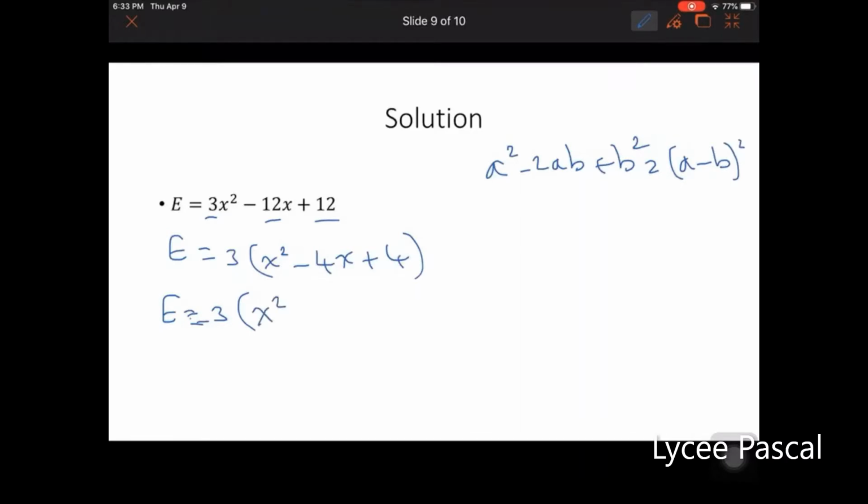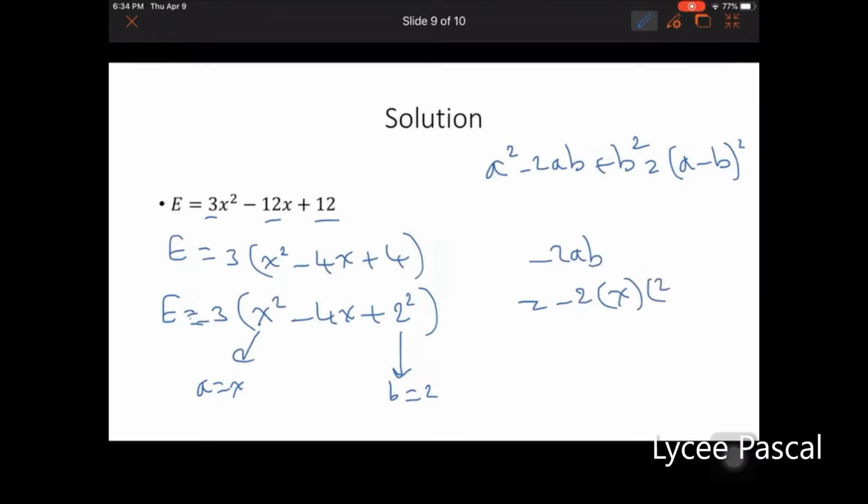Minus 2ab equals minus 2 times x times 2, so equals minus 4x, and this is minus 4x. Yes, so it's of the form a squared minus 2ab plus b squared. So I continue: E equals 3 into a minus b, a is x, minus b, which is 2, all squared, and this is the factorization of E.